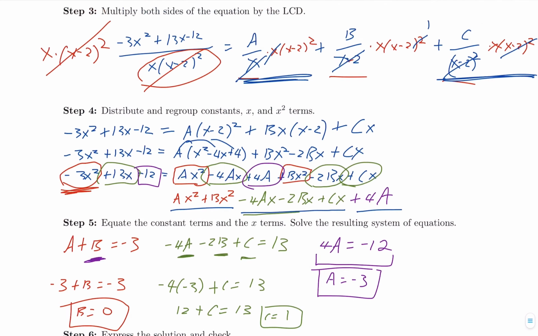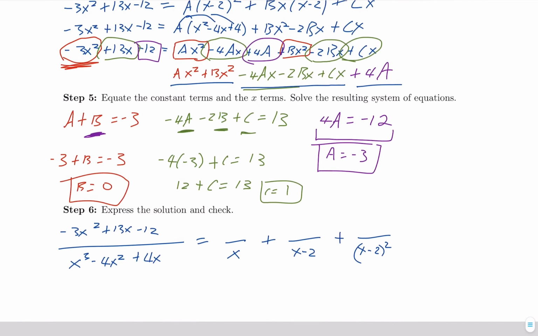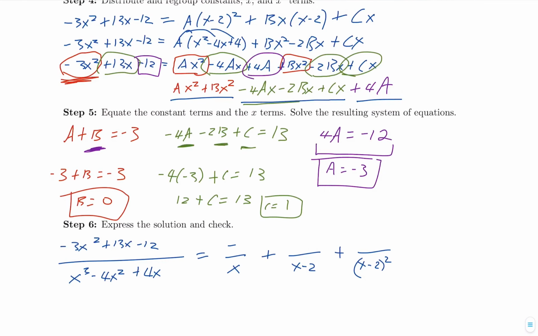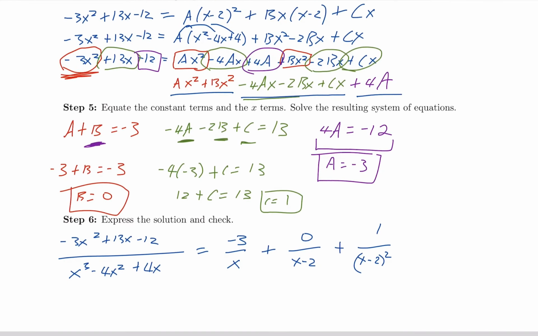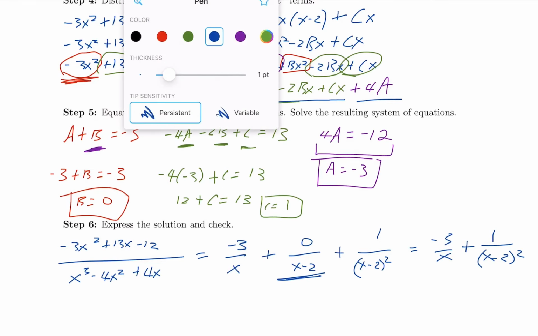This is from right here, step 2. And we found what A, B, C are, right? A was negative 3, B is 0, C is 1. In fact, this part was just 0, so our final answer is negative 3 over x plus 1 over x minus 2 squared. So this is our final answer.